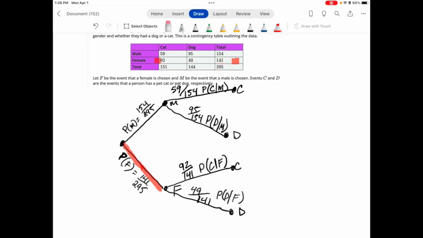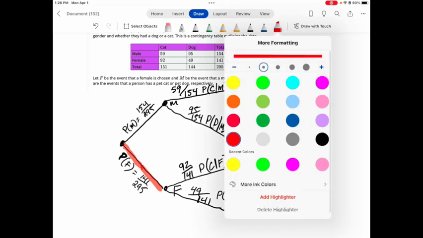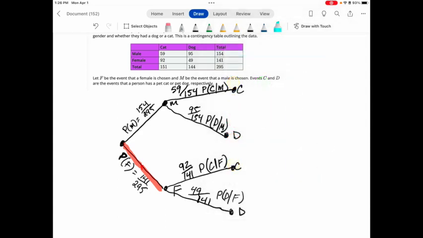All right, now let's come up with these probabilities at the end so we can see what all of our possibilities are. If I follow, let me use a different color here, if I follow this track, I pick a male first, and then I pick someone that has a cat, that would be a probability of picking a male and picking a cat.